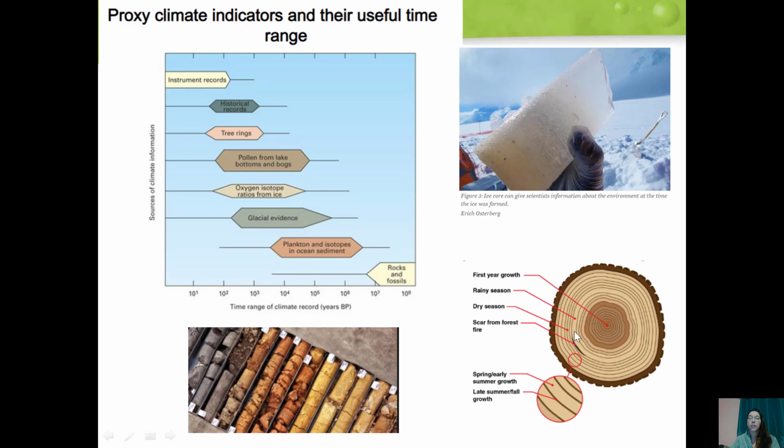So we kind of know if it was a wet and warm environment, so there was lots of growth, or maybe it was a very cold and dry environment, so we see very thin rings or not a lot of growth. And then the last image over here we see is soil samples.